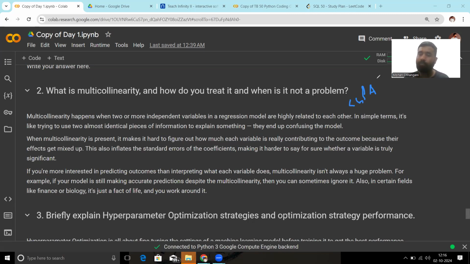So CGPA and the IQ level are two features, and the second one is the salary of the employee. Based on CGPA and IQ level, we predict salaries. We solve this problem statement using linear regression.